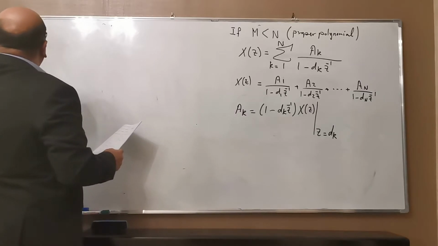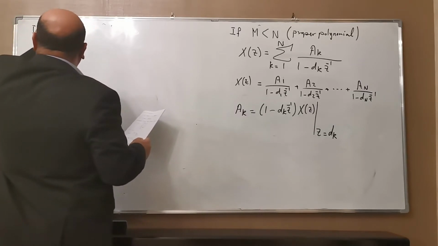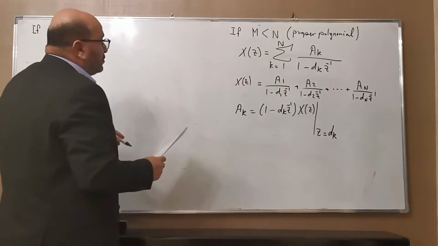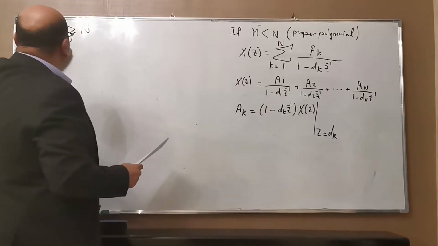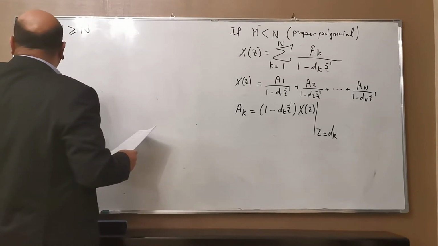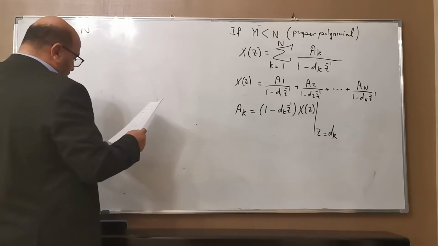If M is greater than or equal to N, so if the order of the numerator is higher than the order of the denominator, then we will do long division.